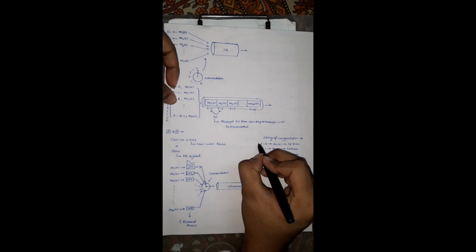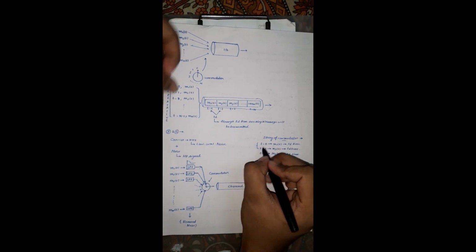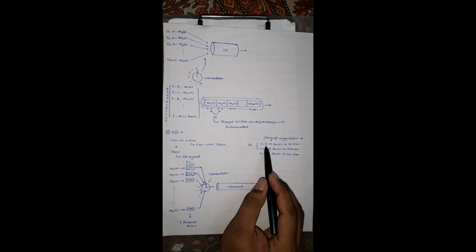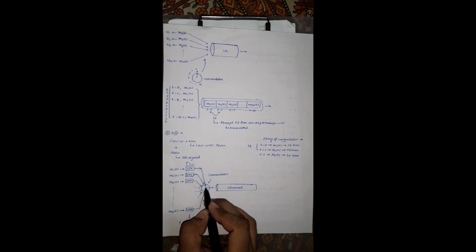Now what is TD? TD is the delay between two sampling times. Sampling time means the delay between t equal to 0 and t equal to 1, within which the clock hand shifts from the first message to the second message.